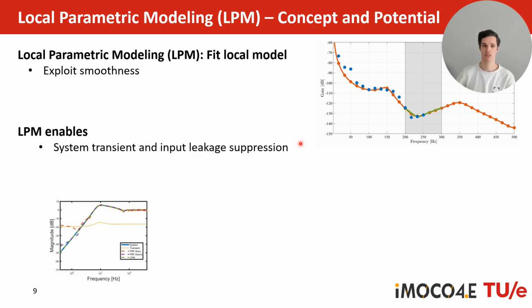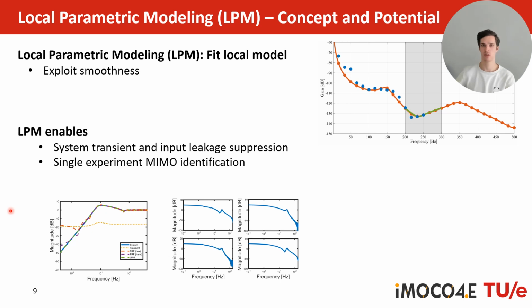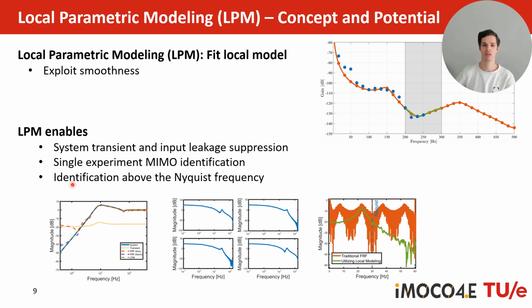For example, we can suppress the transient and input leakage. We can do single experiment, multiple input, multiple output identification. And we can even identify systems above the Nyquist frequency. In this presentation I will focus again on the transient suppression and also identification above the Nyquist frequency, which I'll explain in the coming slides.